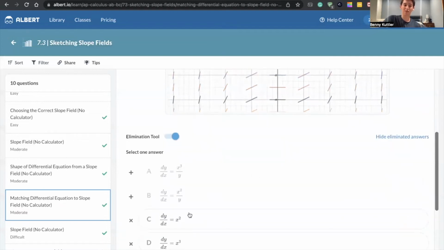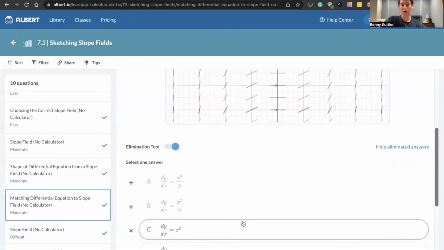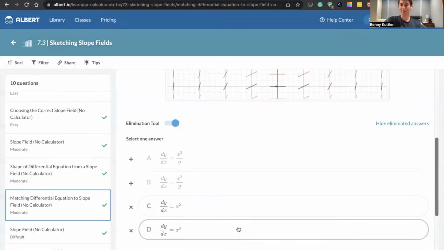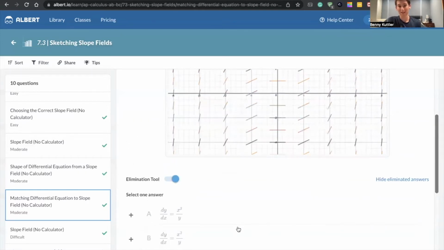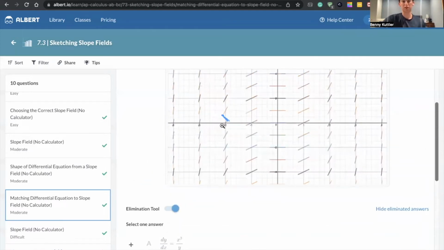And when x is negative, x squared is still positive, which matches up with these lines with a positive slope on both sides. But x cubed when x is negative would be a line going down like this. So we know that it has to be c just because it would be negative if it was d.